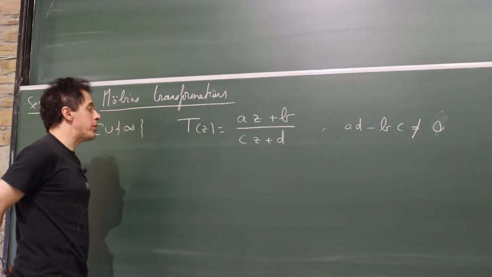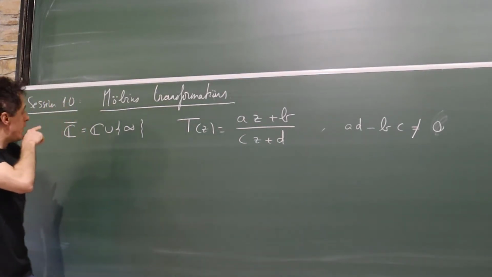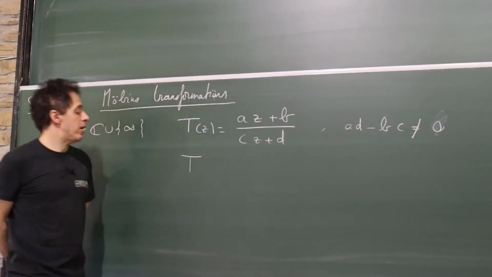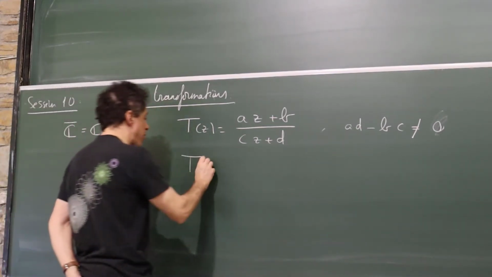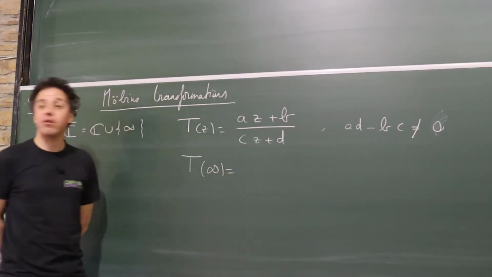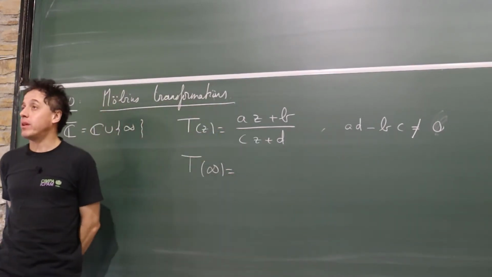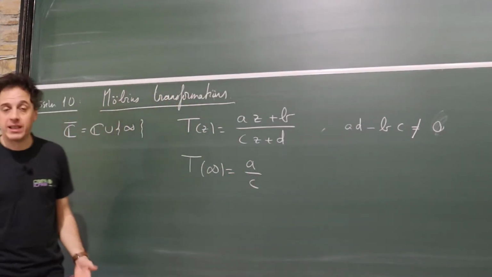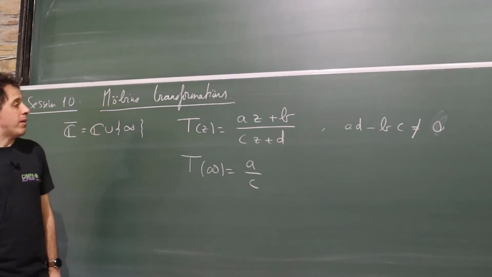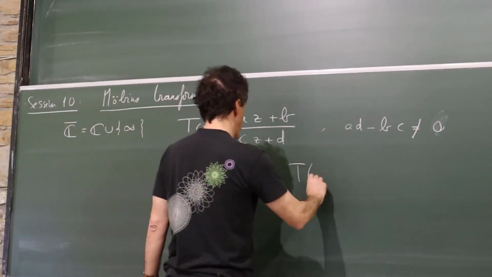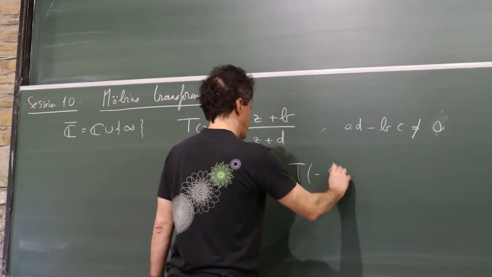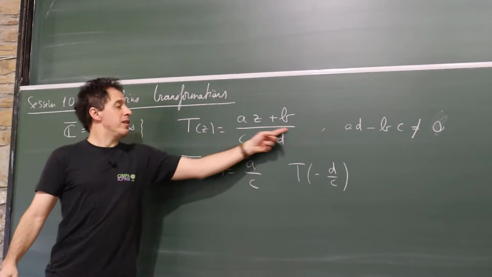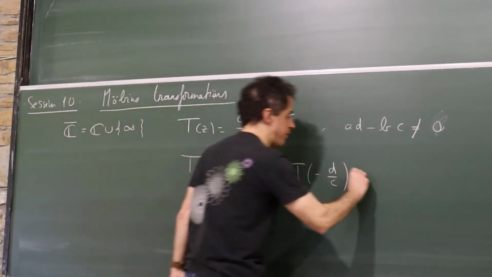These maps are called Möbius transformations. Let us observe that we are studying also the point at infinity. With this expression, for instance, the image of the point at infinity would be the limit of this expression with z tending to infinity, so it is the point A over C. And the image of the point minus D over C must be the point at infinity, because it makes the denominator zero.